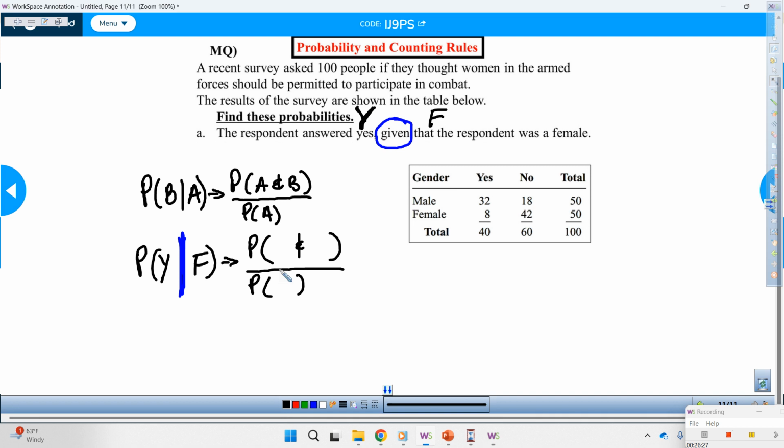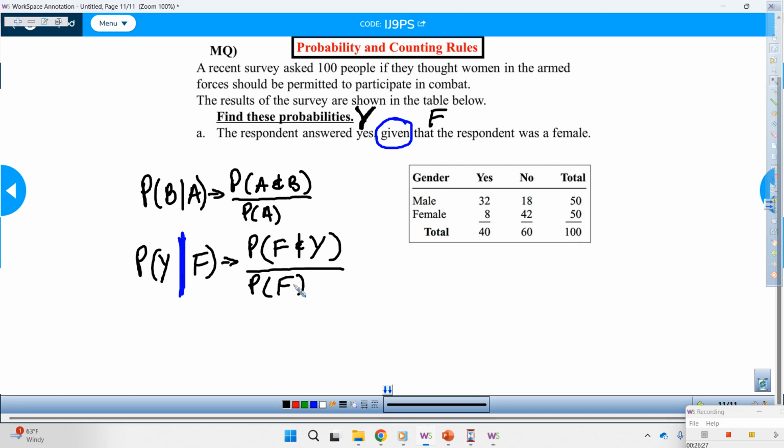All right, tell your neighbor what goes where. Looks like Alessandra's got this. Very good, Alessandra. All right, Alessandra, what goes where in our formula, if we follow that? F and Y on top.